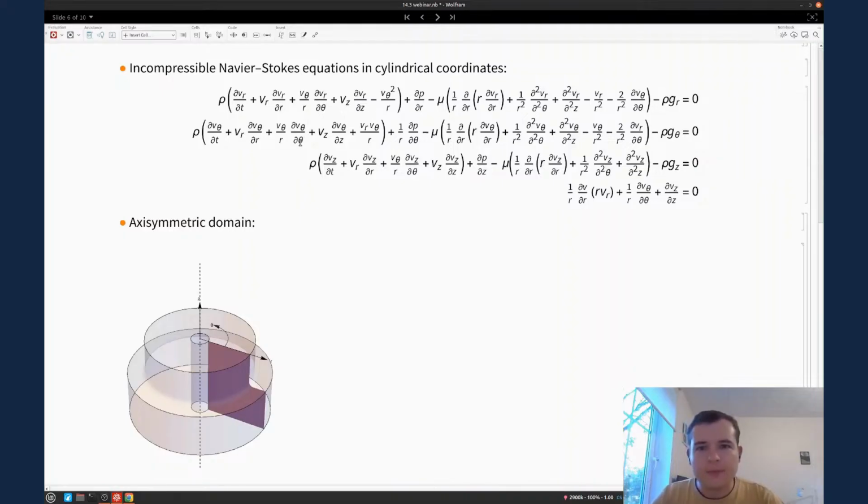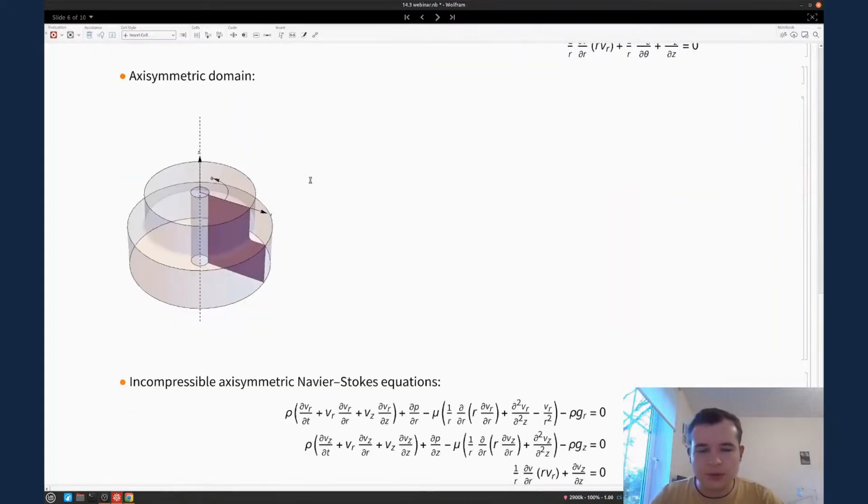So this way we can simplify the system of equations into the following form, where, as you can notice, we now only have 3 equations instead of 4. So this means that solving the system of equations will take less time, and we will need less memory. So this is a great thing to do because it's very practical.